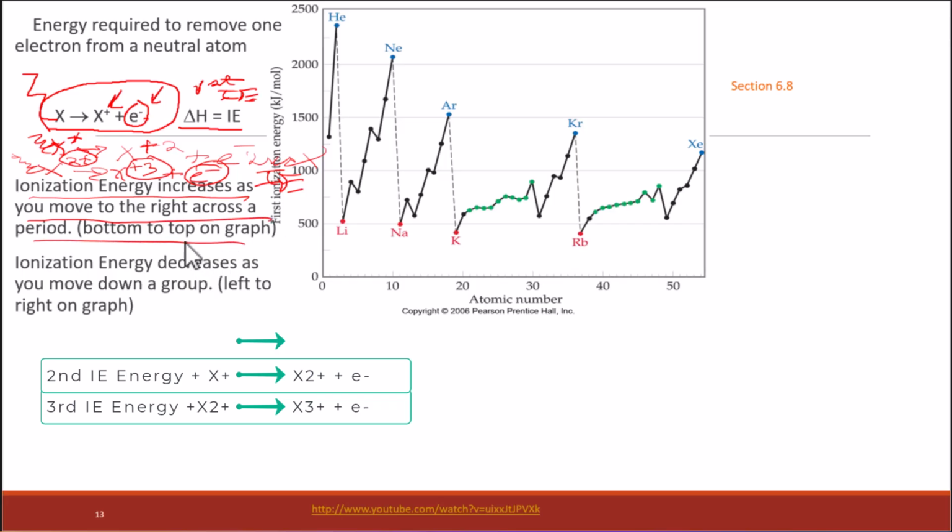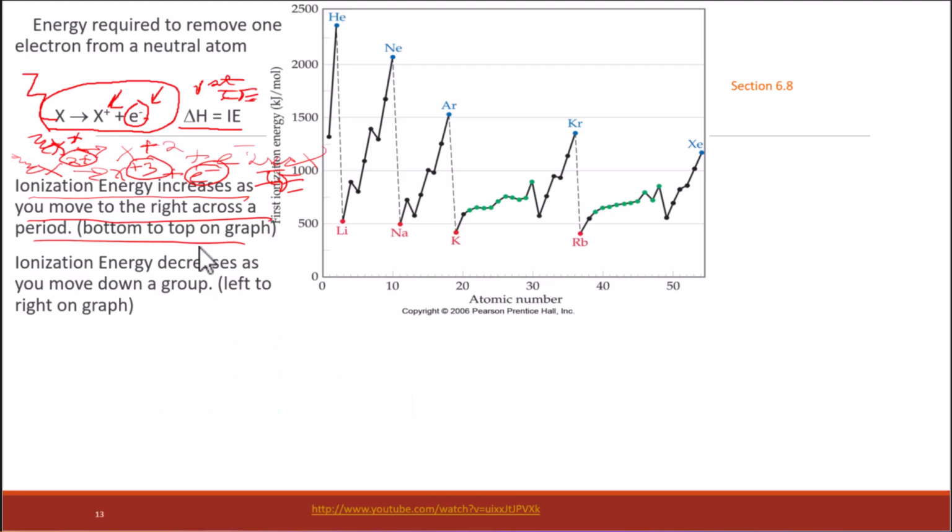Why? Because of effective nuclear charge that increases as you move from left to right. Ionization energy decreases as you go down a group. Why? Because the electron you're going to remove is further away from the nucleus. The effective nuclear charge decreases as you go down a group.